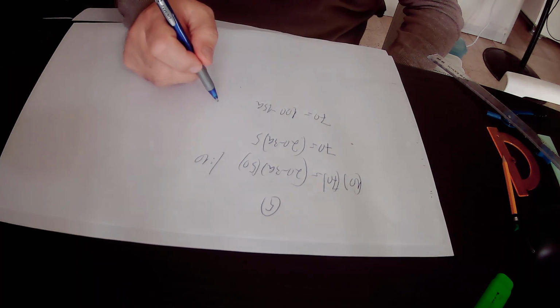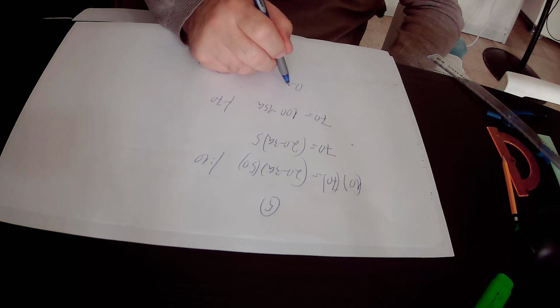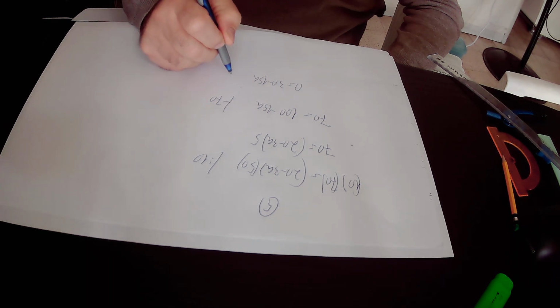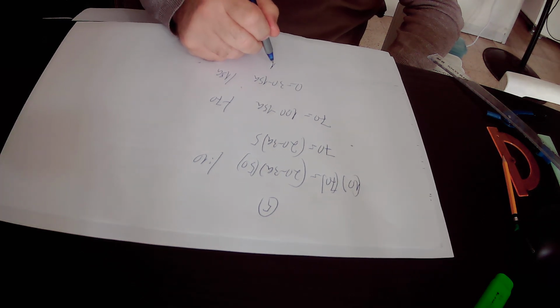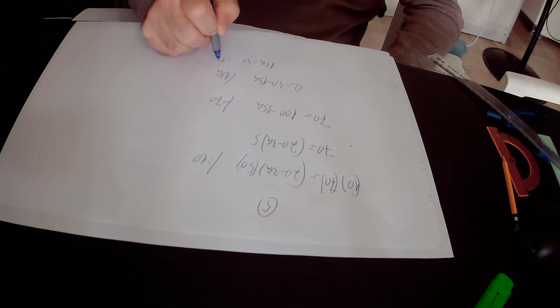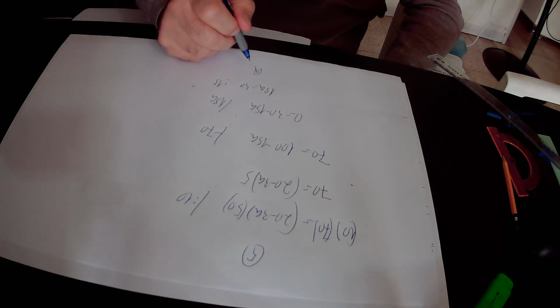So here we subtract 70 from this equation and we get that 0 equals 30 minus 15a. We'll add 15a to this equation and we get that 15a equals 30. We divide this equation by 15 and we get that a equals 30 over 15, which is 2.